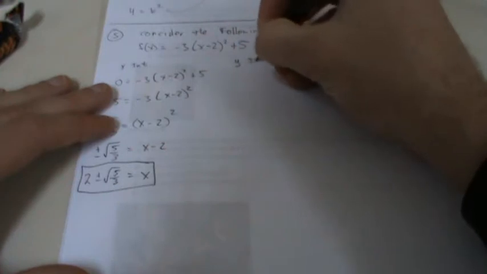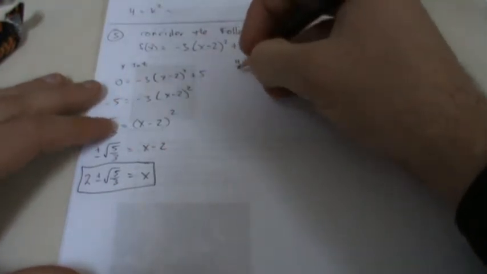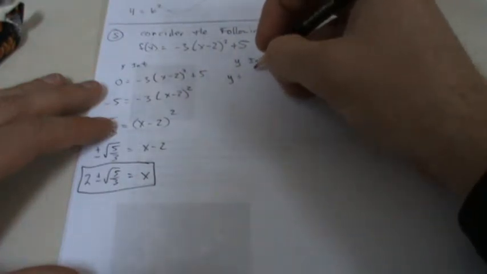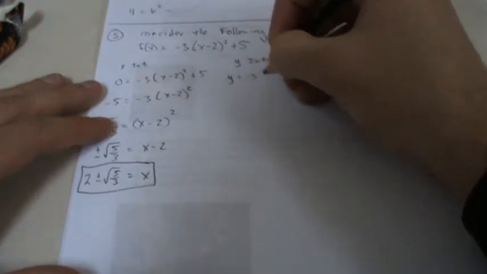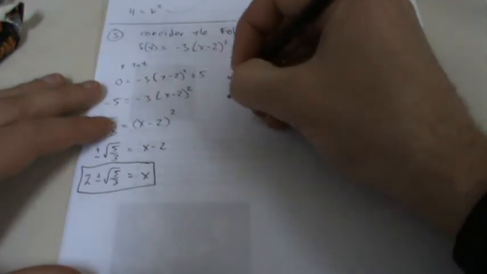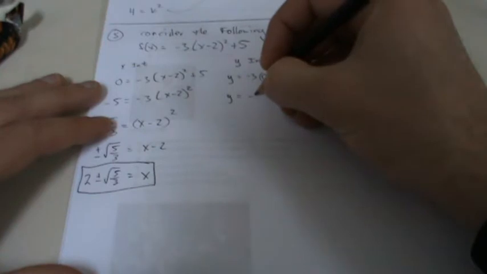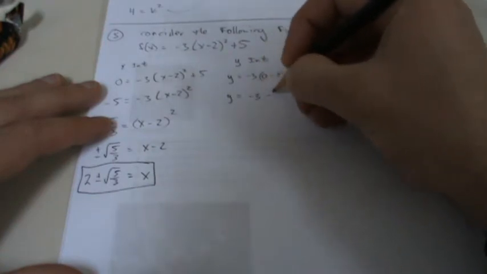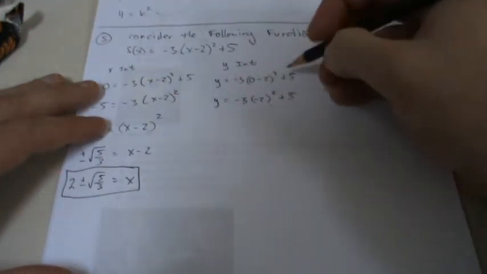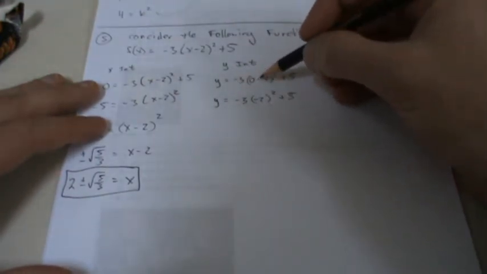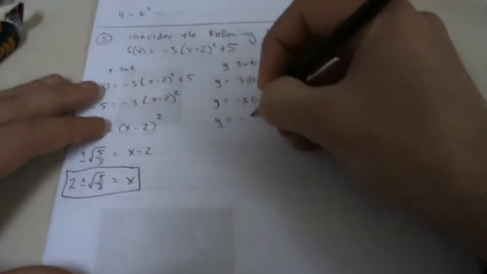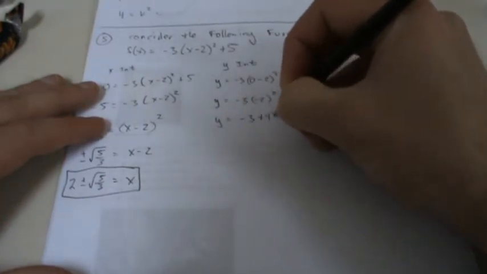Find my y-intercept. I will set x equal to 0. So if I set x equal to 0, now 0 minus 2 is a negative 2. Negative 2 squared is a positive 4.